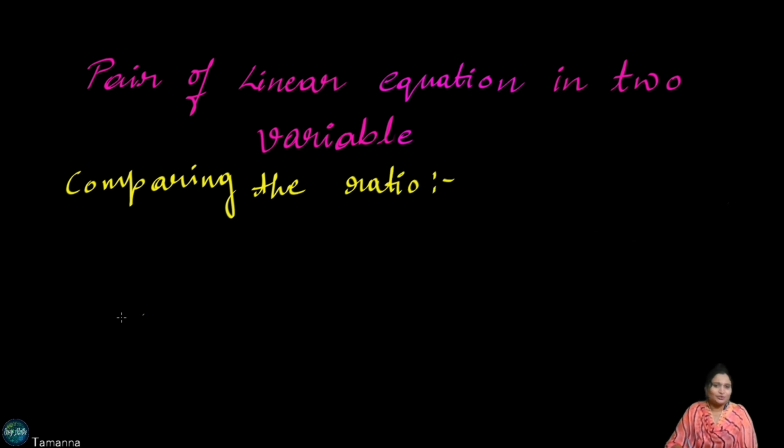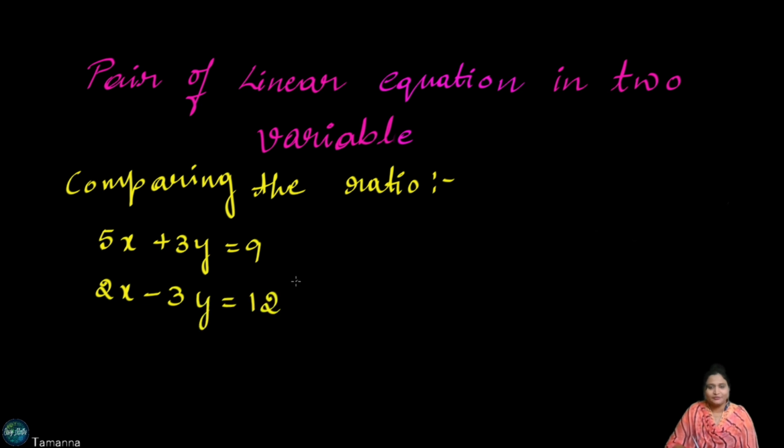So what is the ratio here? Shall we take one example? 5x plus 3y is equal to 9, and 2x minus 3y is equal to 12.